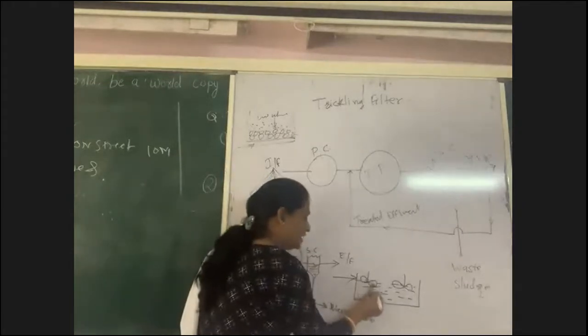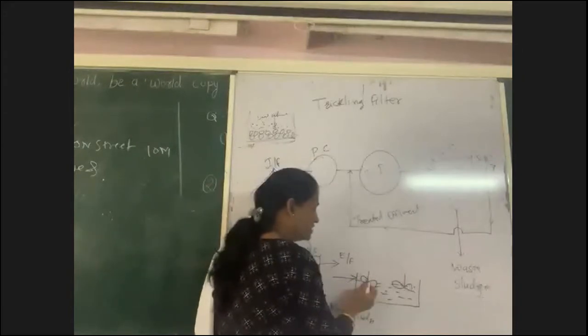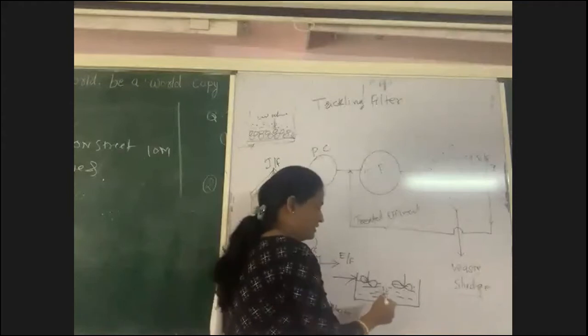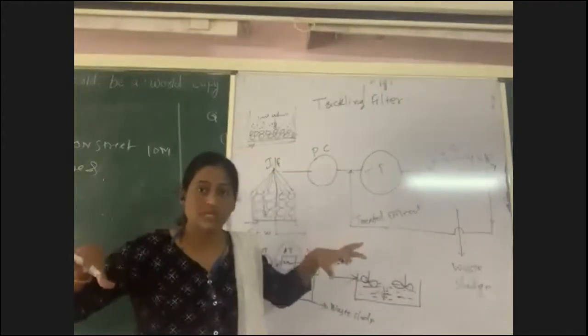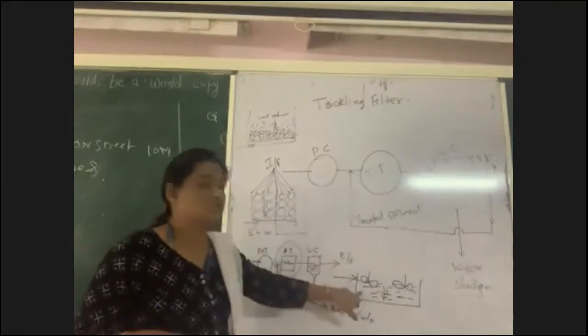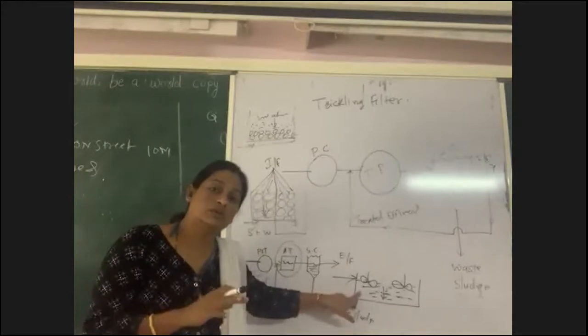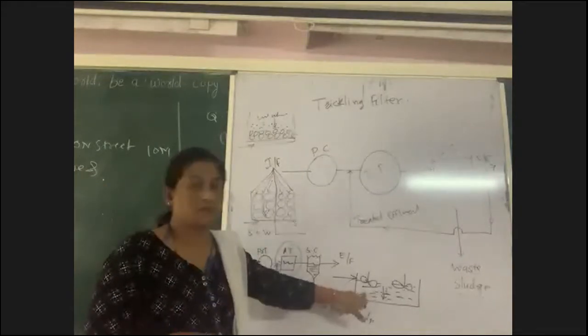When these rotate at a particular RPM, the aerator will not allow the water to settle down. The entire water will remain in suspension. So that's why this process is known as the suspended growth process. Microorganisms grow only when they are in the suspension form in this case.